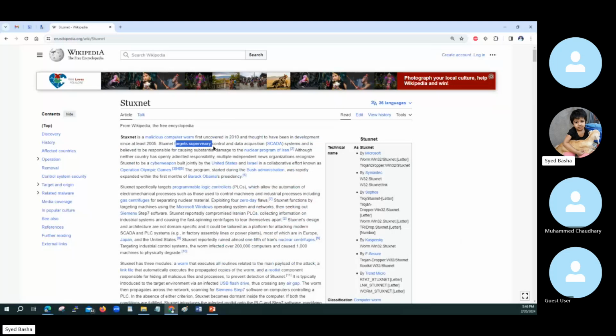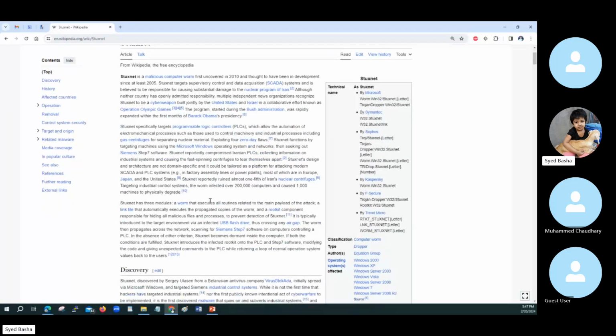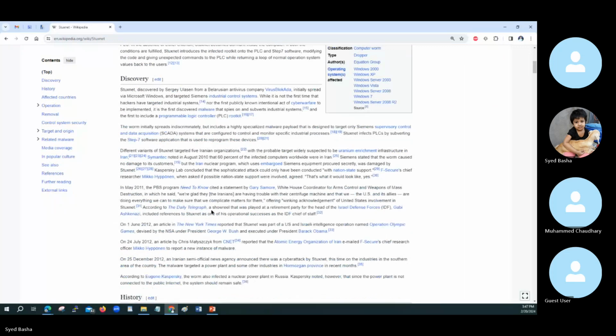And then they targeted the supervisory control SCADA systems, believed to be responsible for causing substantial damage to the nuclear program of Iran. This is how it goes. It's from the United States and Israel. See this? They used it as a cyber weapon jointly built by the United States and Israel. So if you go through, you get more information.